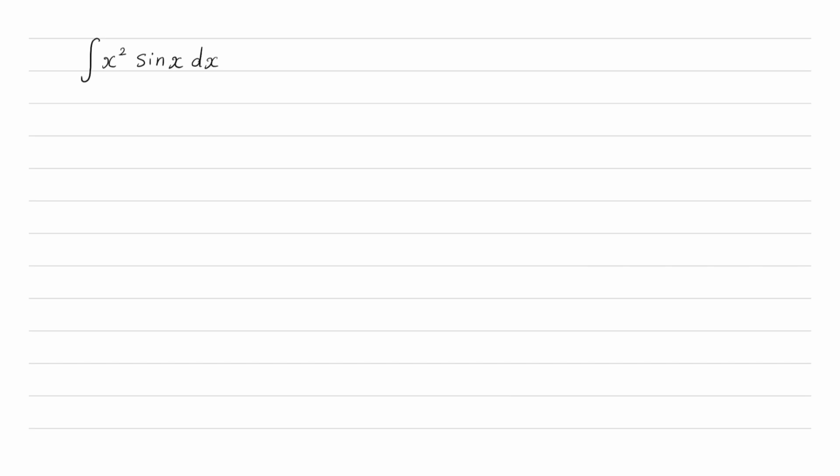Now here I'm going to take u to be x squared and dv to be the rest. This means that v prime is sine of x. So what is the integral of sine of x? That's just minus cosine. So v is minus cosine of x. So let's use this. So we get uv, which is x squared times minus cosine of x, minus the integral of v, which is minus cosine.